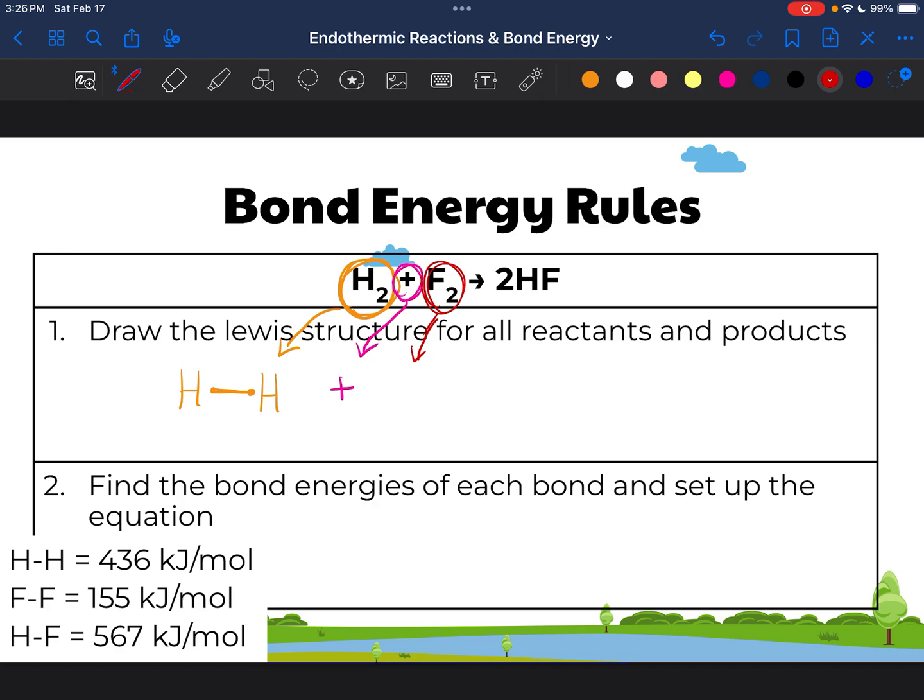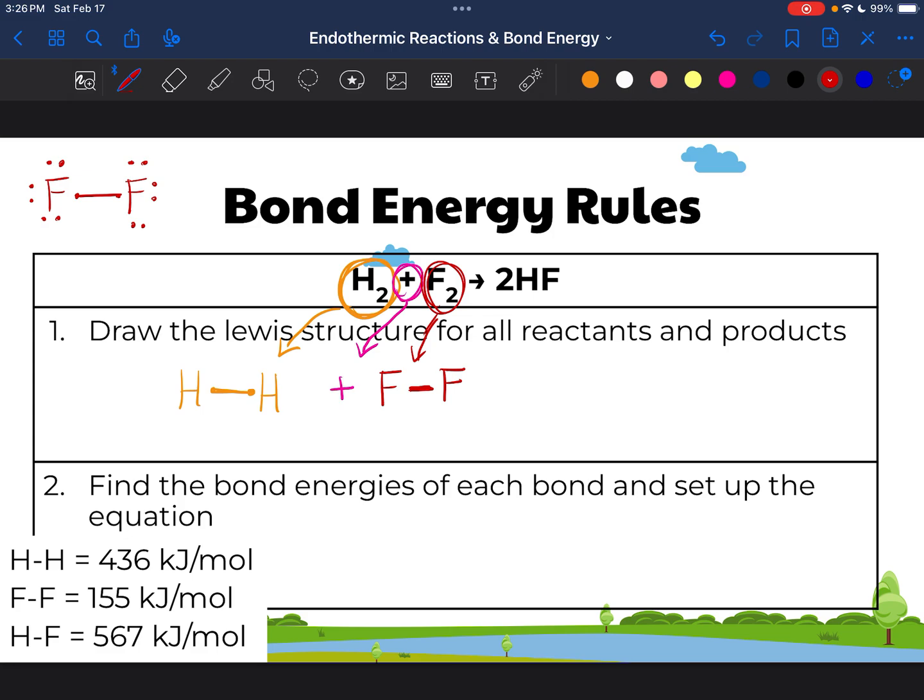If I were to draw F2, a lot of you will definitely draw those 7 valence electrons on each F, which is totally fine, but I think it's kind of pointless in this lesson. Here's why. All we care about is how many bonds are created in each element. For example, F has only one bond. So all I care about is the line in between like this. And I'll show you why.